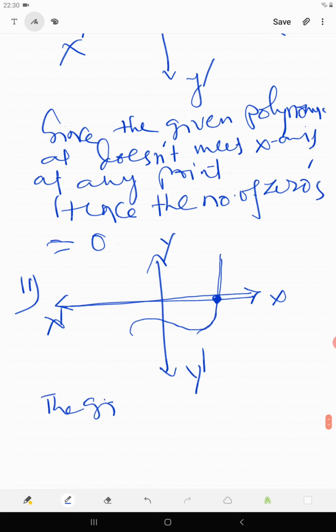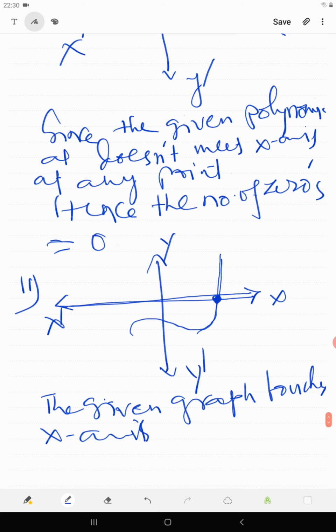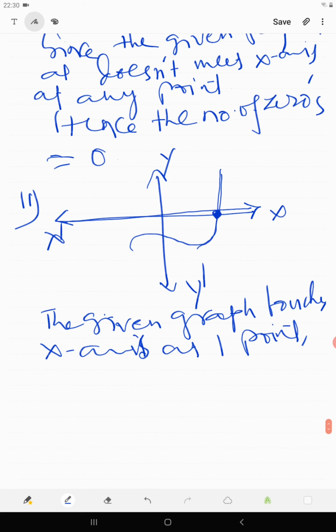The given graph touches the x-axis at one point, hence the number of zeros equals 1. As simple as that.